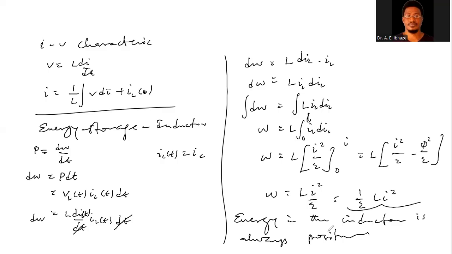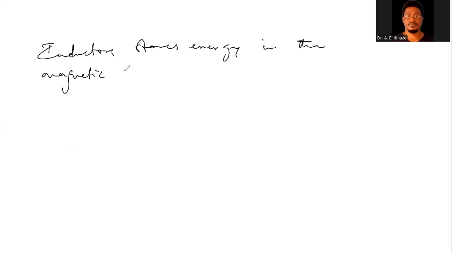Also, you want to know that the inductor stores energy in the magnetic field, right? So inductors store energy in the magnetic field. Okay, same way we presented for the capacitor.